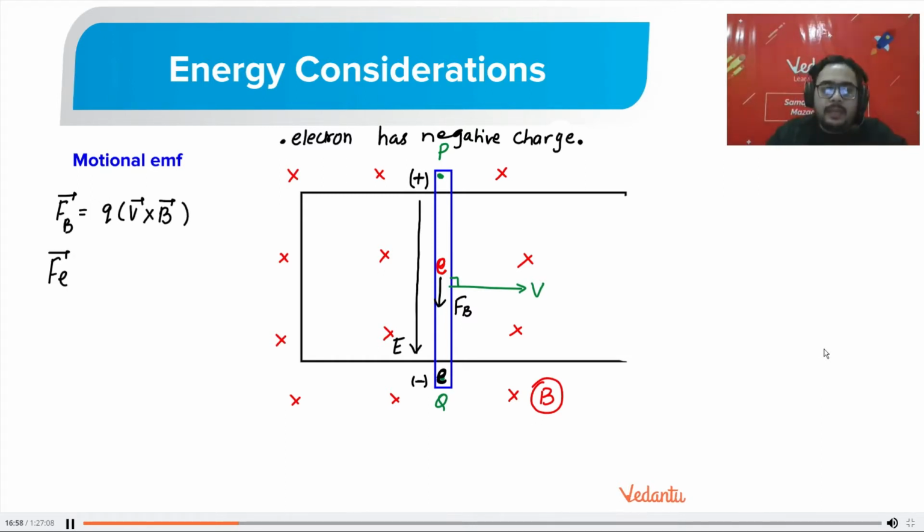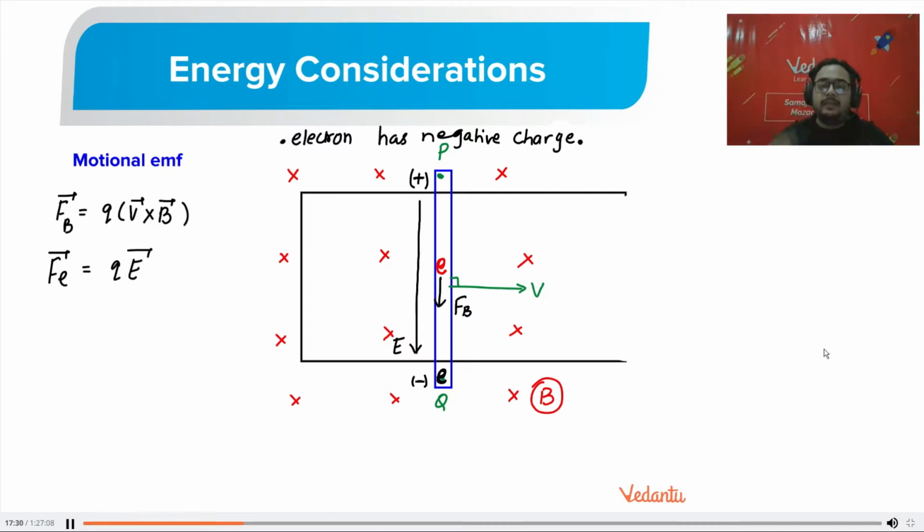Can you tell me the formula for electric force on a charged particle? If charge Q is placed in electric field E, very good Sneha, the force is Q into E. And can everyone tell me the direction of electric force?